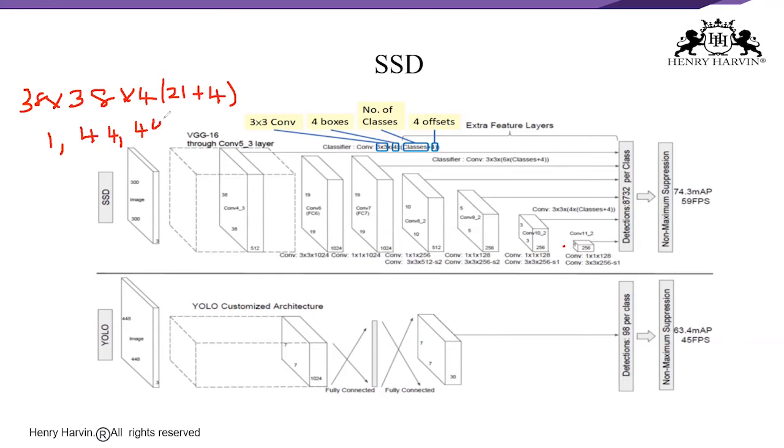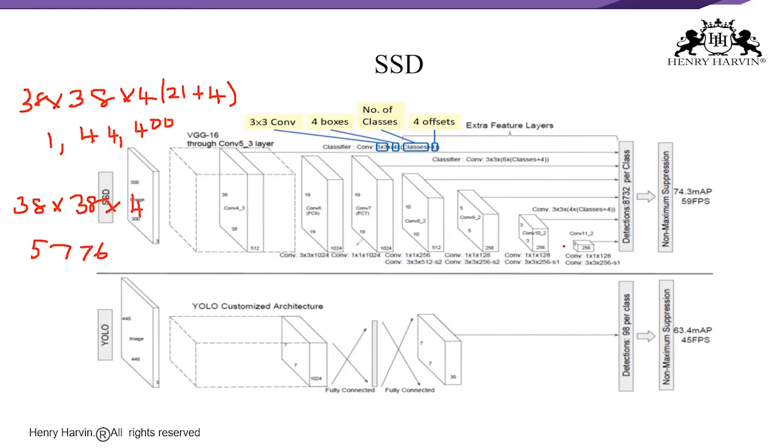Let me write that. In terms of the number of bounding boxes, 38 into 38 into 4 is equal to 5,776 bounding boxes.